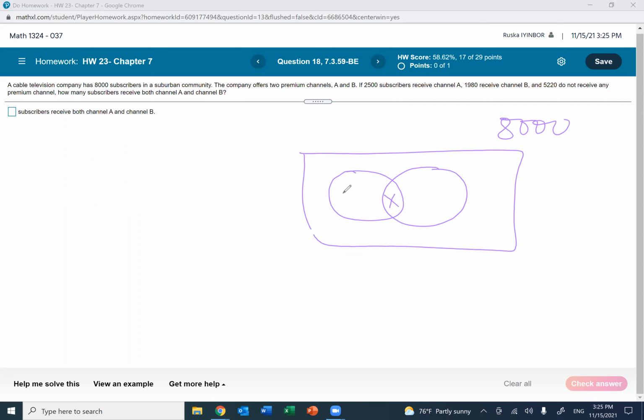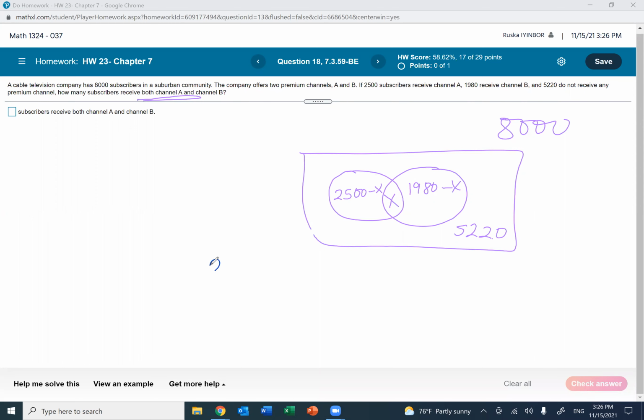So A is going to be 2,500 minus X. So this here is going to be 1,980 minus X. And 5,020 don't receive any channels. How many receive both means the intersection between the two sets. So you're going to set up an equation. Again, you're going to add everything inside the box to be equal to 8,000.